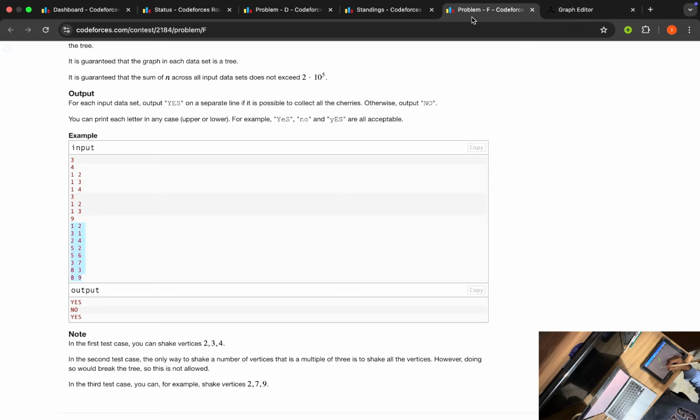Let's say I have a tree something like this. If that happens, I have to divide it into at least... dividing into 6 is the same as dividing into 3 actually.